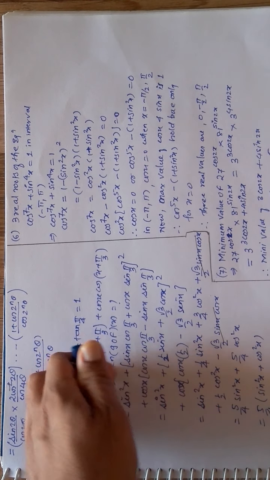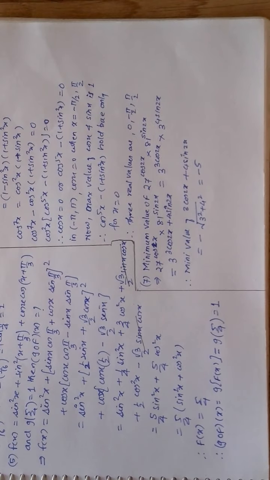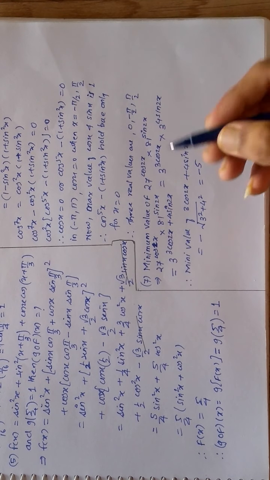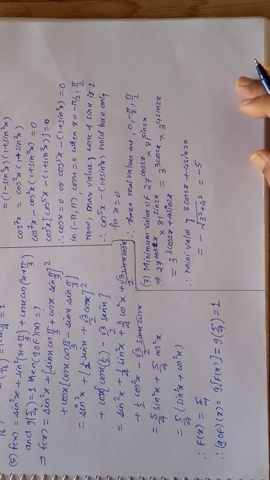That is minus 5. The minimum value is minus 5. We have used the property earlier also. So now you come to know when to use it. Here the angle must be the same. If the angle is not the same, this is not applicable at all.